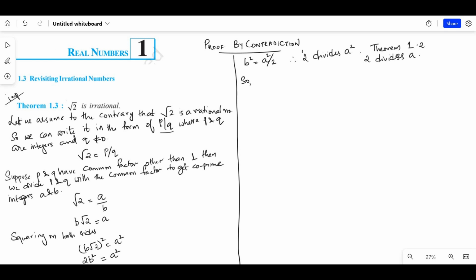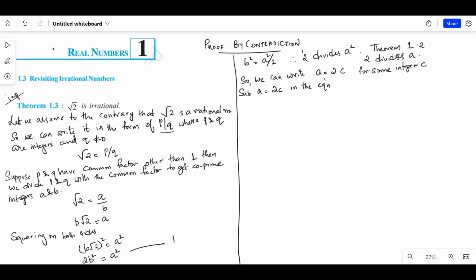So we can write A as a multiple of 2, so 2 into some integer C, for some integer C. Now substitute A is equal to 2C in the equation.